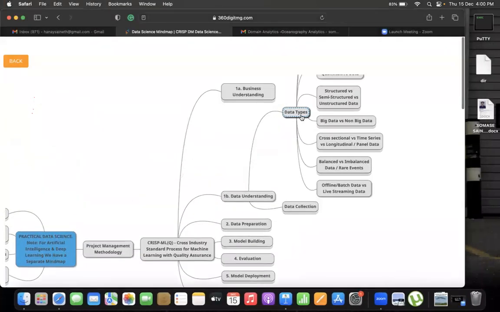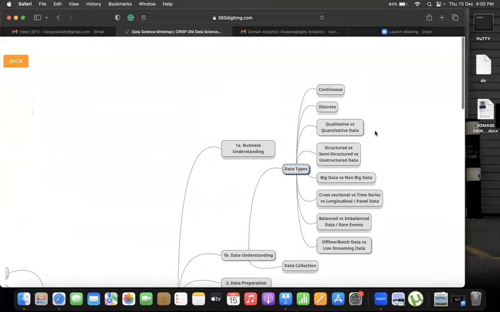Yeah, the data types we have: continuous data, discrete data, qualitative versus quantitative data. Then we have structured or semi-structured versus unstructured data. We can have big data. What if someone has non-big data?